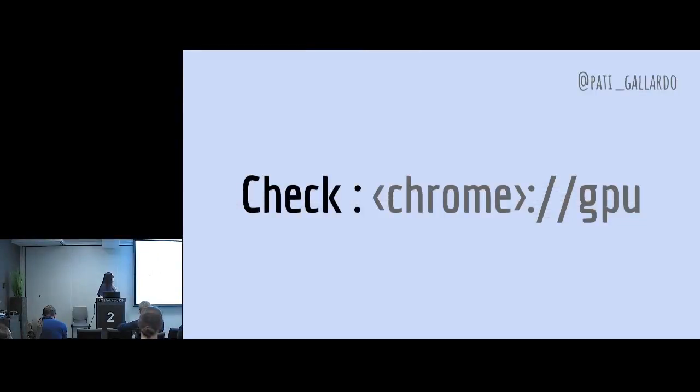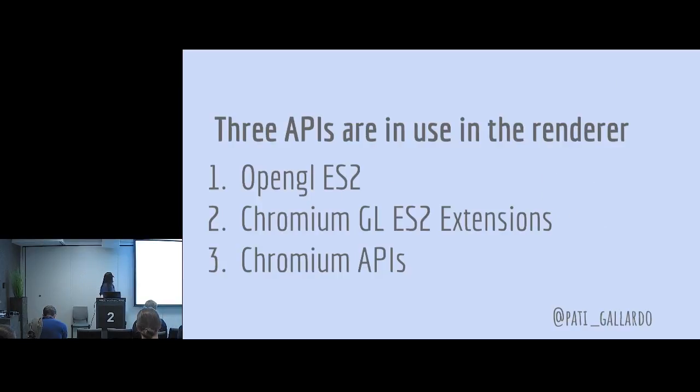And like I said, you can go and check the GPU page in your browser, and you will see exactly how much control they have inserted in this system, and you might not need that at all. They're using OpenGL ES2, and that's fine, but they also use their Chromium extensions.